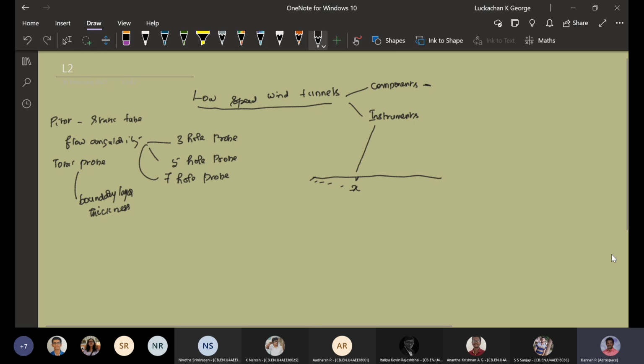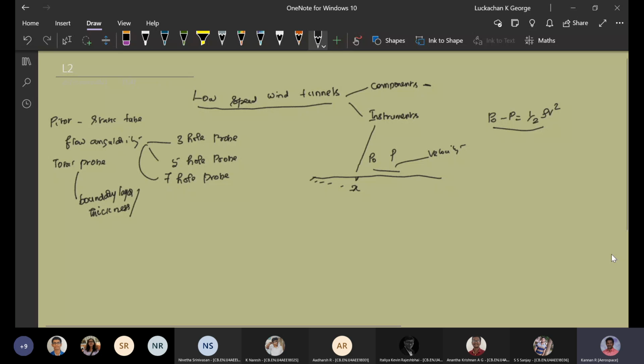We capture the P naught and use the P available in the undisturbed stream, and with these two we get the velocity. So P naught minus P is equal to half rho V square, which is the incompressible form of Bernoulli's equation. We have seen that.